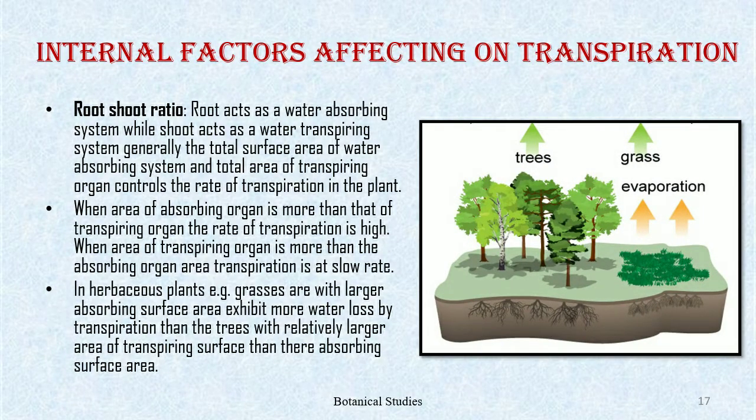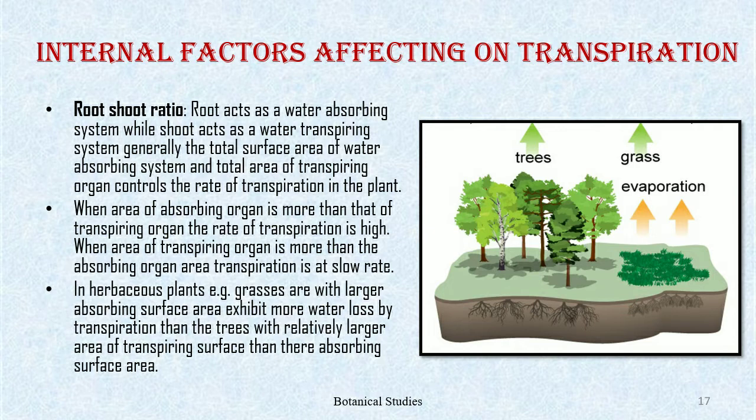Root shoot ratio. Root acts as a water absorbing system while shoot acts as a water transpiring system. Generally, the total surface area of the water absorbing system and the total area of transpiring organs control the rate of transpiration in the plant. When the area of the absorbing organ is more than that of the transpiring organ, the rate of transpiration is high.